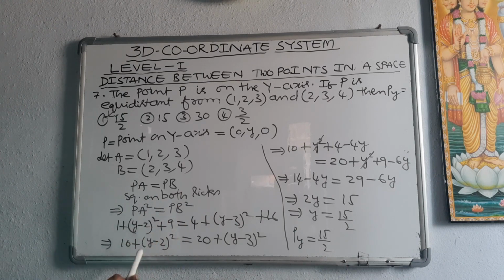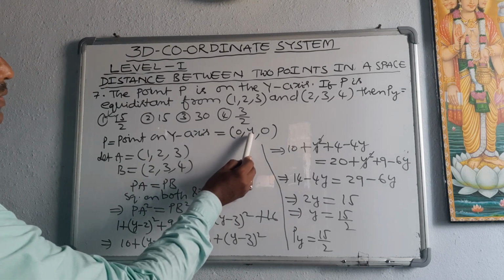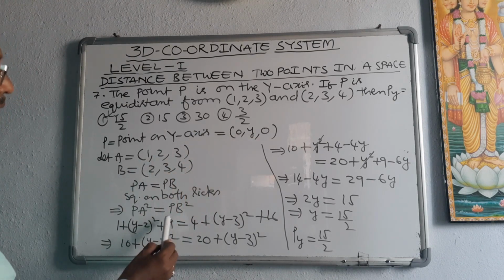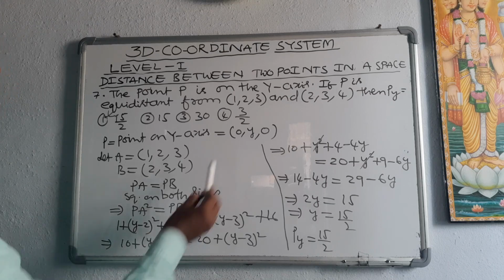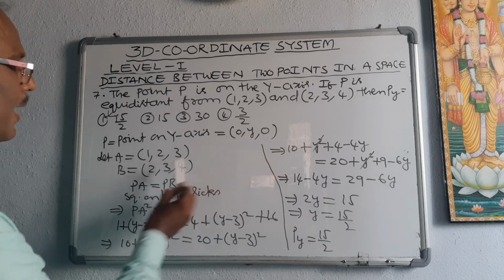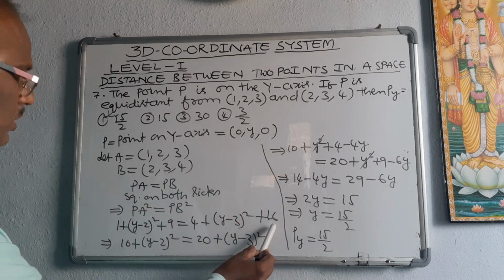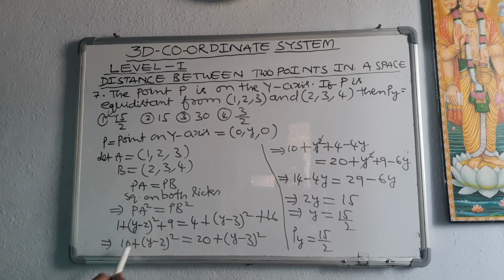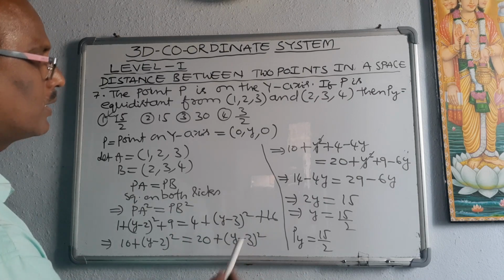The root is cancelled. 0 minus 1 whole square 1 plus y minus 2 whole square plus 0 minus 3 whole square 9 equal to 0 minus 2 whole square 4 plus y minus 3 whole square plus 0 minus 4 whole square 16. 1 plus 9 10 plus y minus 2 whole square equal to 4 plus 16 20 plus y minus 3 whole square.